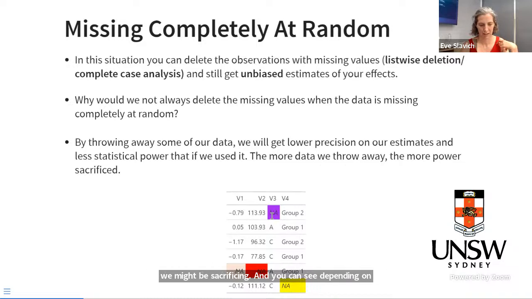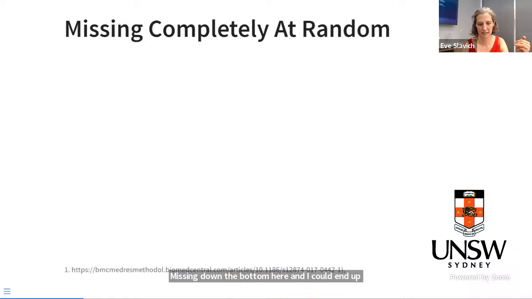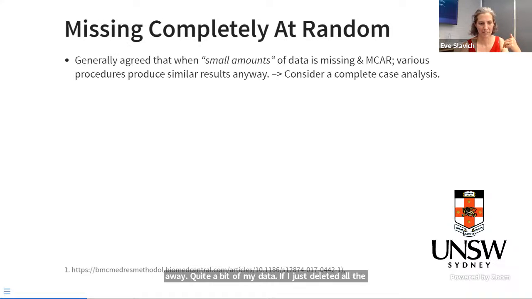So here I've got a value missing in line 1, and I've got 2 more values missing down the bottom here, and I could end up throwing away quite a bit of my data if I just deleted all the rows with missing values.